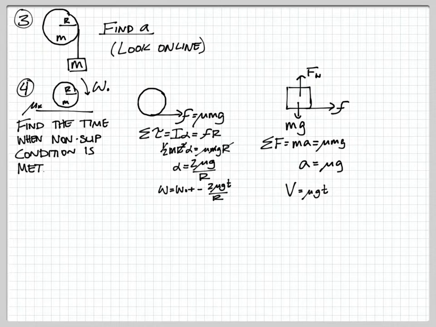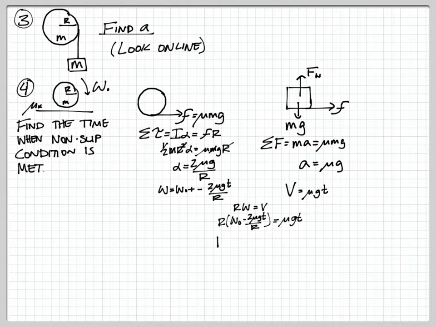Now, we want the non-slip condition, and that's when r omega is equal to v. At that time, we are no longer rolling and slipping, we are rolling without slipping, which is what we want. So we plug in our function for omega into omega, and our function for velocity into v. So it's r times omega minus 2 mu g t over r is equal to mu g t.